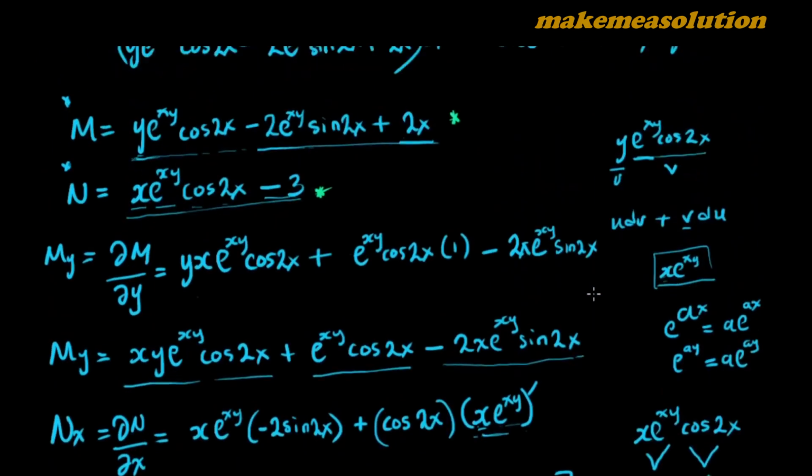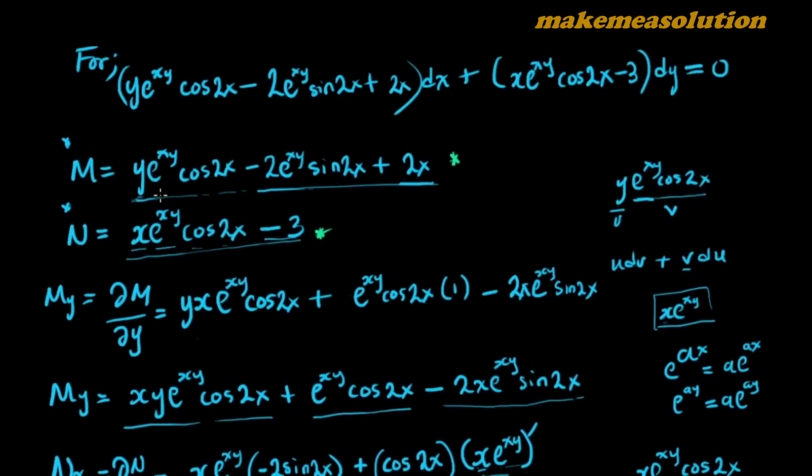Now look at the expression for M. If we decide to integrate partially with respect to x for M, we are going to get the same answer, but the process will be very long.